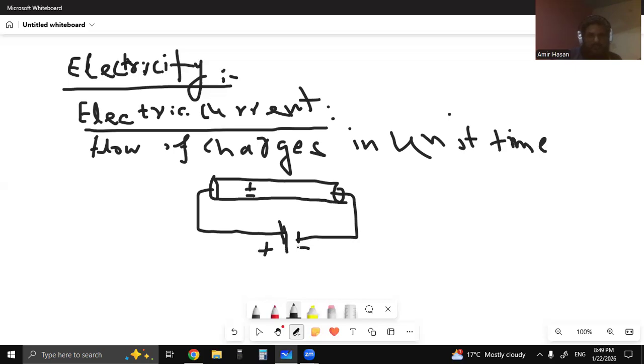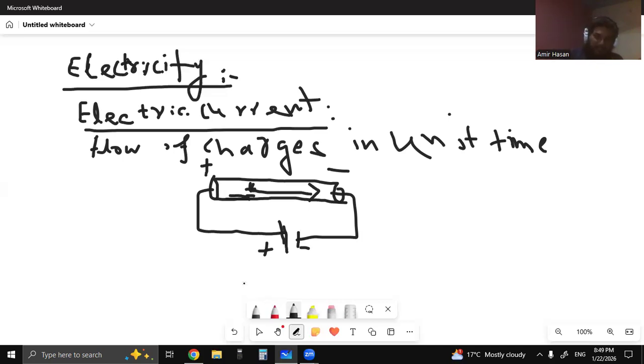These charges then move towards their respective terminals, negative moving towards the positive. When charges move in a conductor, the flow of charge in unit time is known as the electric current.